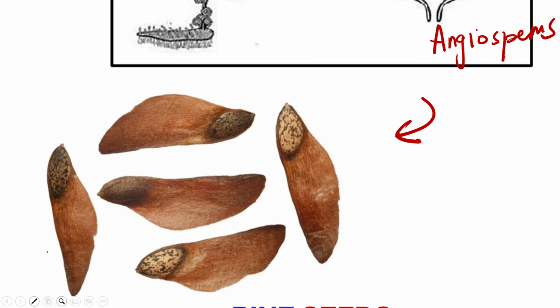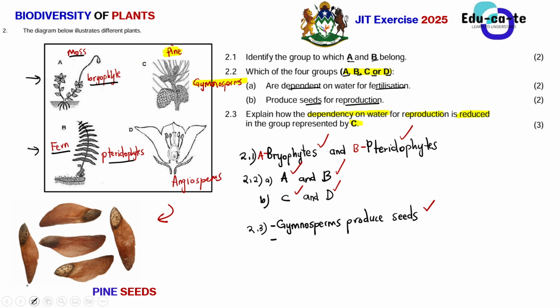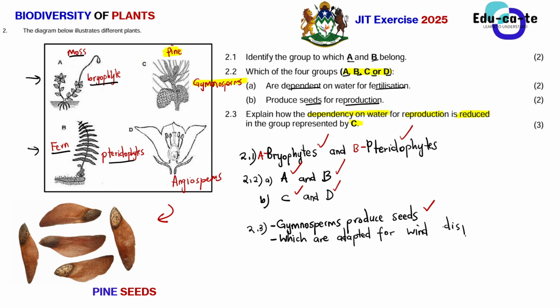So now let's further explain that gymnosperms produce seeds, and these seeds are adapted. So we say they produce seeds which are adapted for wind dispersal.